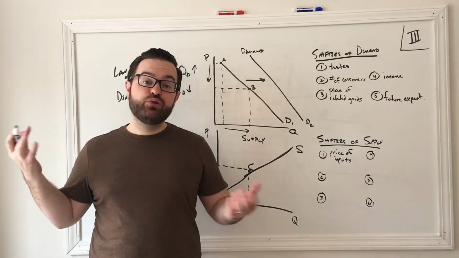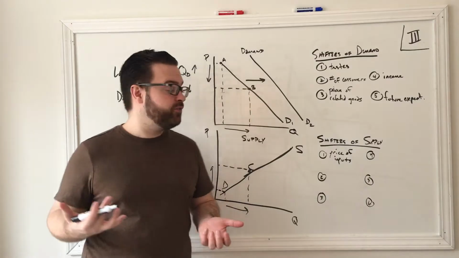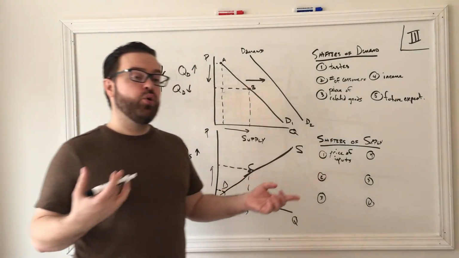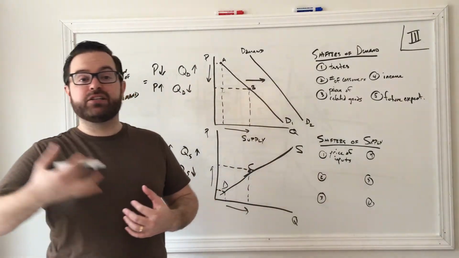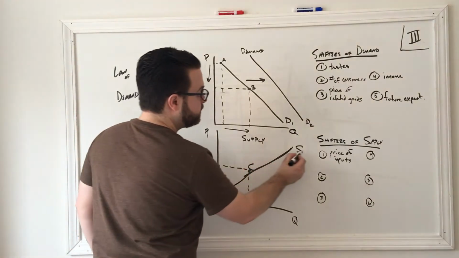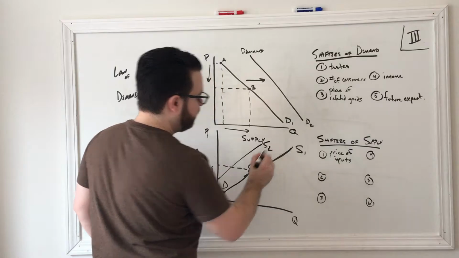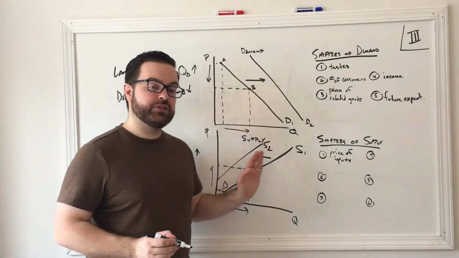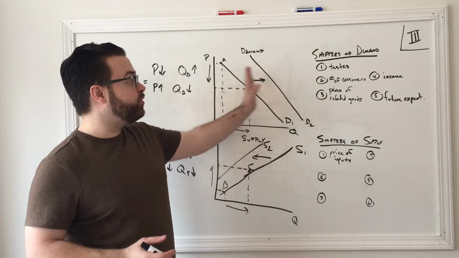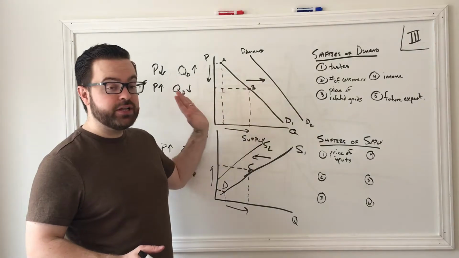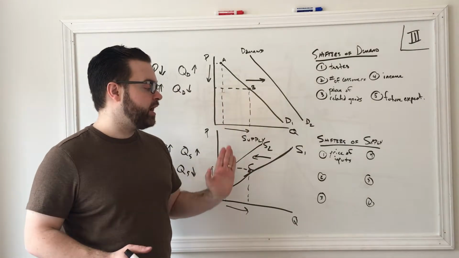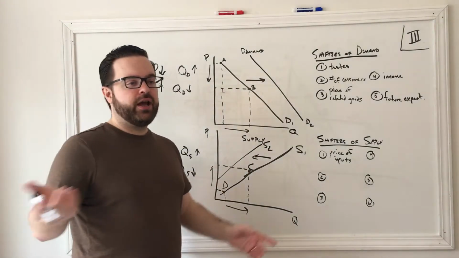But let's say there's a huge shortage of that, so I can't get enough of it and it goes up in price. Well, if I can't get my input because it's so expensive, I'm going to supply altogether less of my good. A shift of supply to the left. In both demand and supply, decreases in demand and decreases in supply are shifts to the left, right?